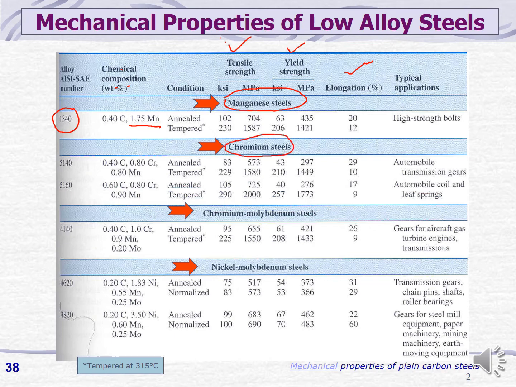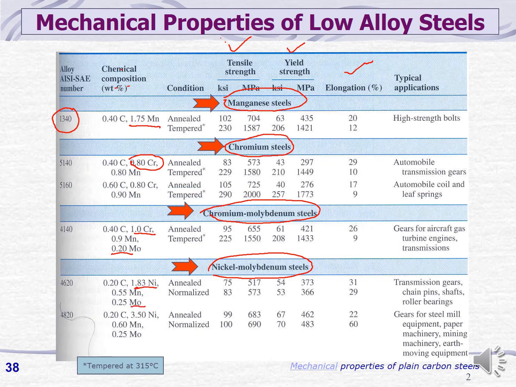Why is it called chromium steel? Because chromium is the principal alloying element. Then we have the chromium molybdenum steels, and also the nickel steels and molybdenum steels.